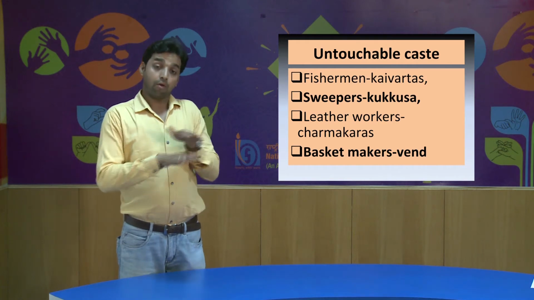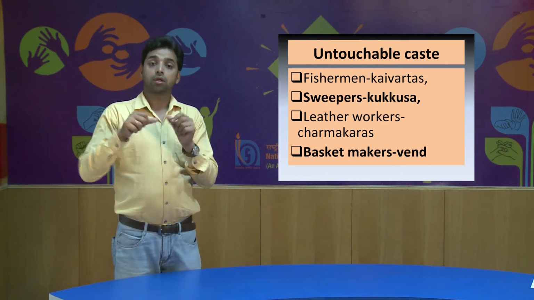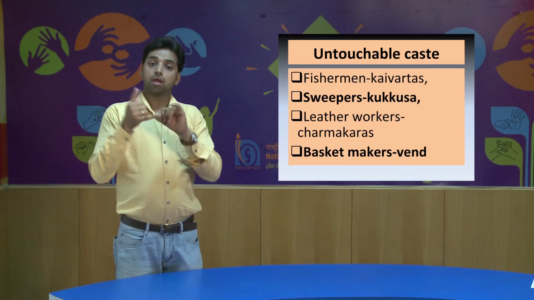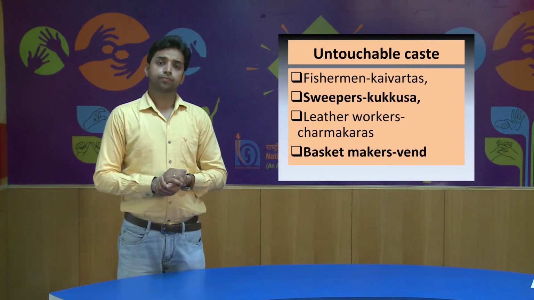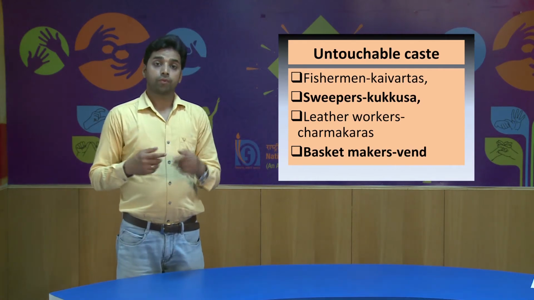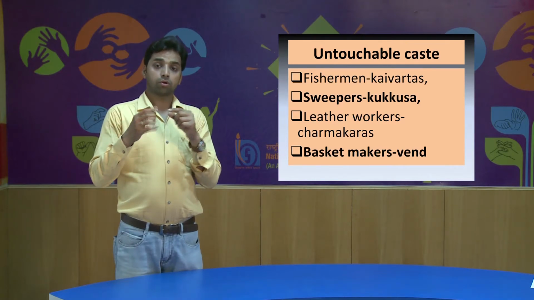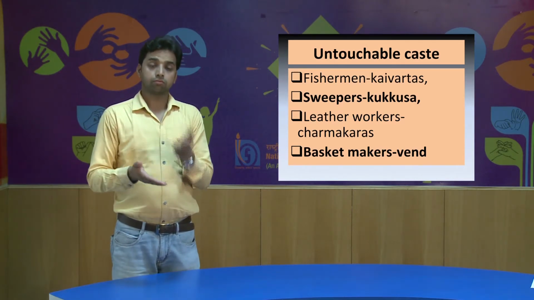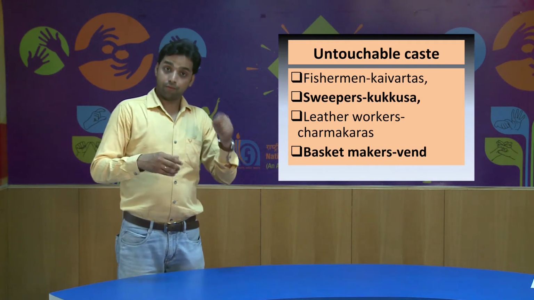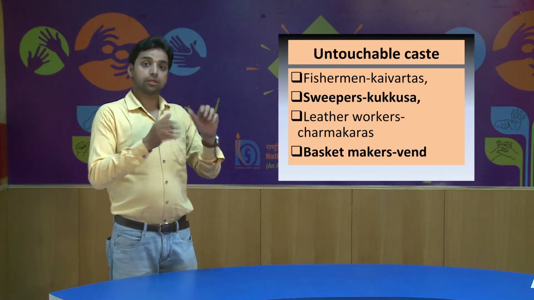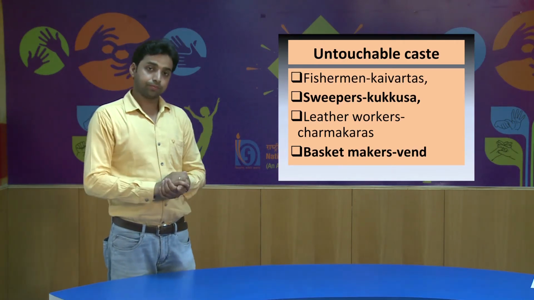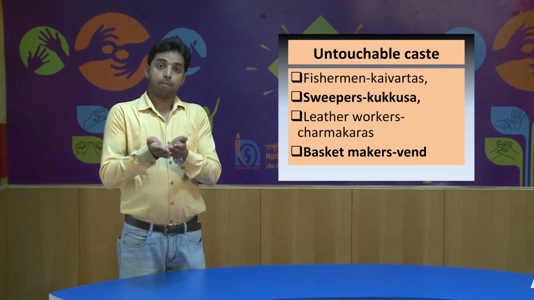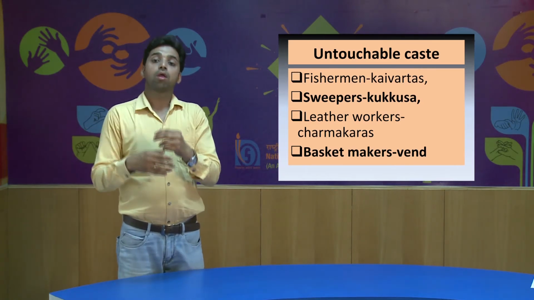The fishermen called Kevartas, sweepers called Kukusa, leather workers known as Charmakaras and basket makers called Vend became untouchable caste.